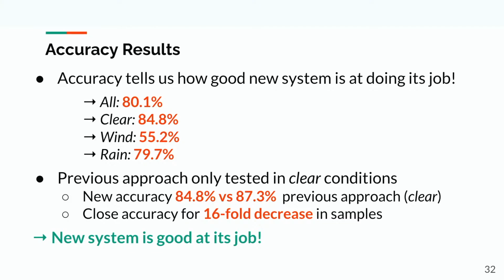We can compare it to the previous approach. So the previous approach was only tested in clear conditions. So if we compare like for like, we can see that they're pretty close. I mean, the new approach is a bit less accurate, but it does use 16 times less samples, which is a pretty good trade-off. So we can say that the new system is good at its job.